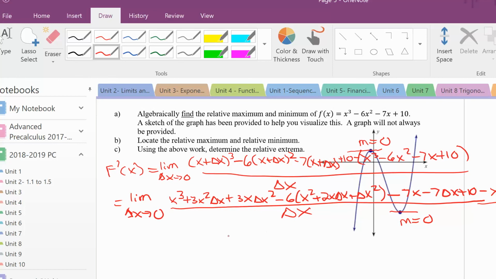The last thing is to distribute the 6 here, and then we can start canceling stuff.